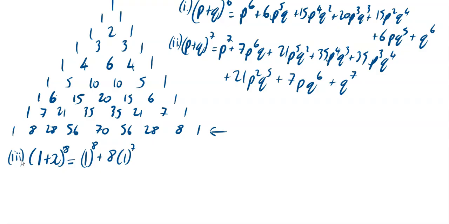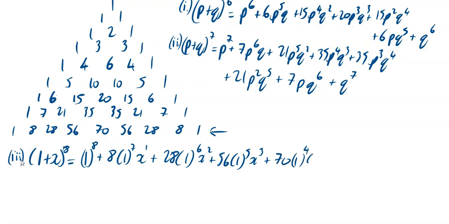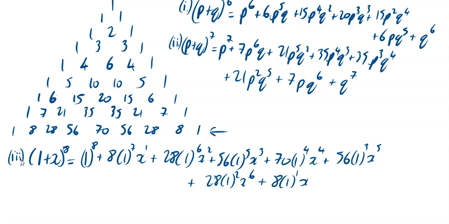We definitely don't need to put that in a bracket. x to the power of 1, and then plus 28 times 1 to the power of 6 times x squared plus 56 times 1 to the power of 5 times x cubed plus 70 times 1 to the power of 4 times x to the power of 4 plus 56 times 1 to the power of 3 times x to the power of 5 plus 28 times 1 squared times x to the power of 6 plus 8 times 1 to the power of 1 times x to the power of 7 plus, and then it's just 1 times 1 to the power of 0, which is just 1.